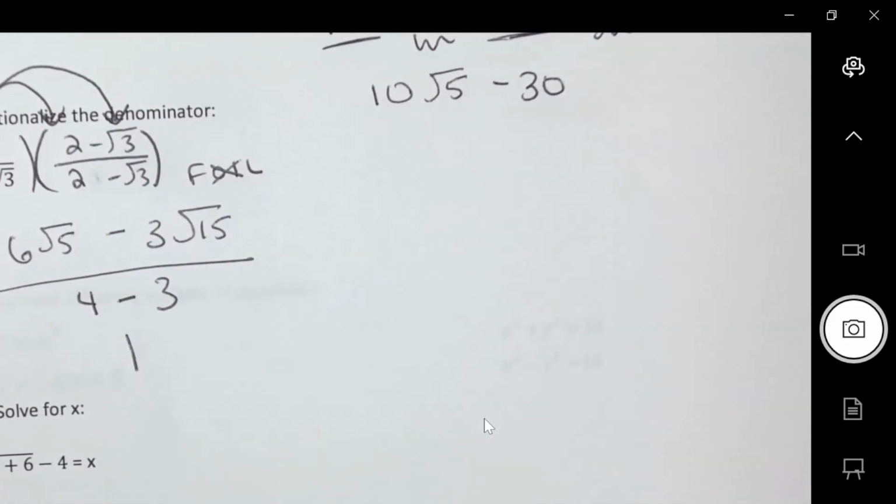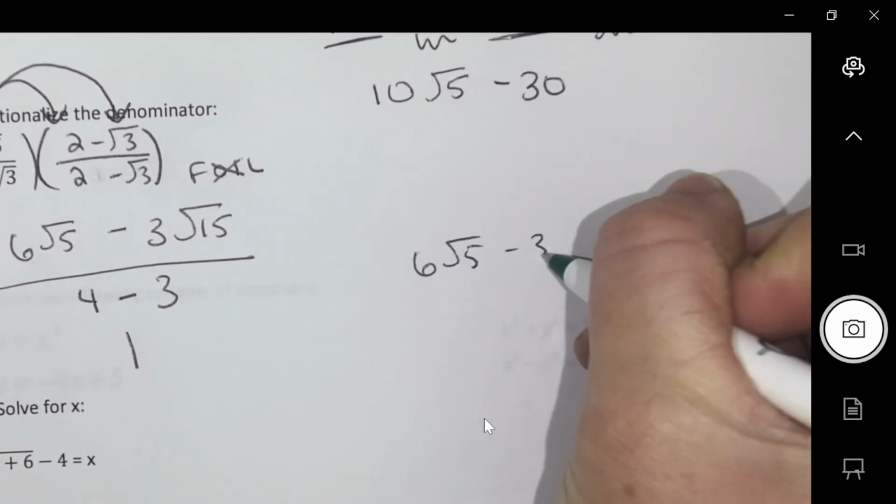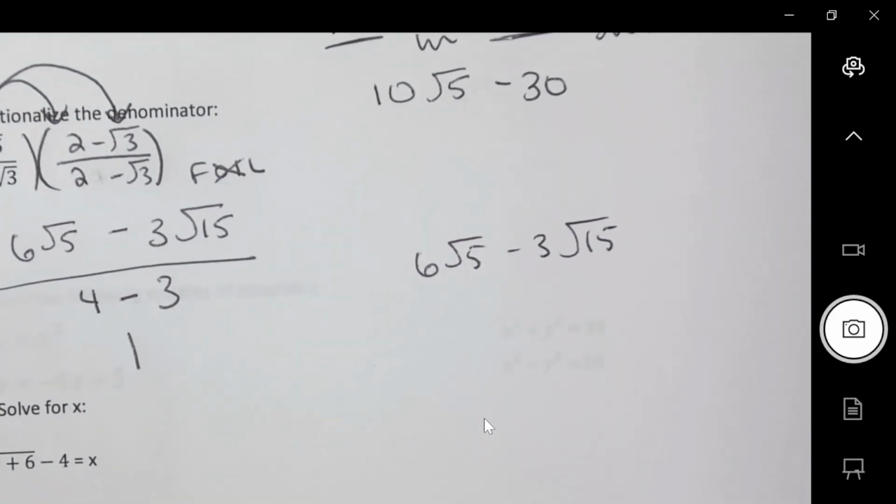Which makes this bottom 1. And then if I divide by 1, I guess I don't even need to write it. Okay, the whole purpose of that question is that when you are done, you don't have any radicals left in the bottom anymore. That's the goal.